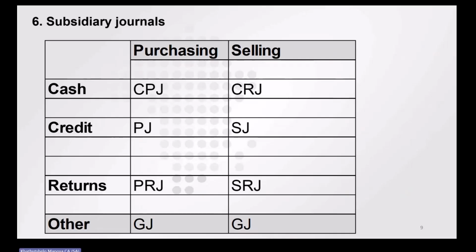They're not 6. There are 7 in total. Going through the discussion forum for this section, I've noted that there are people who still struggle with determining which book am I going to use for what. This slide summarizes exactly that.